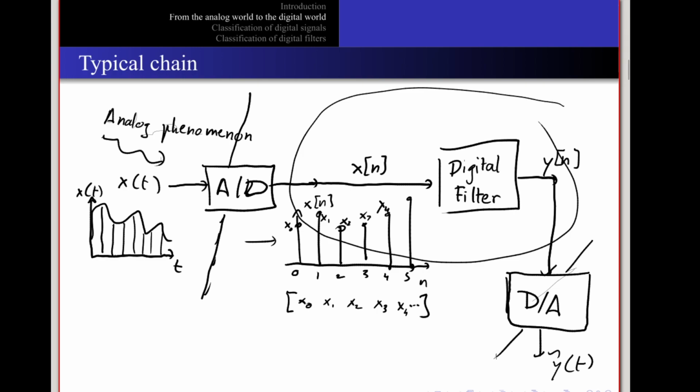One of the most important assumptions that we will make along this whole semester is that x(t), the initial analog signal, was band limited, and that the frequency used in the analog to digital converter is sufficiently high.